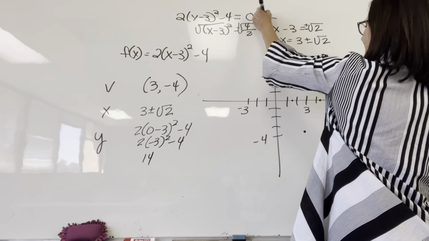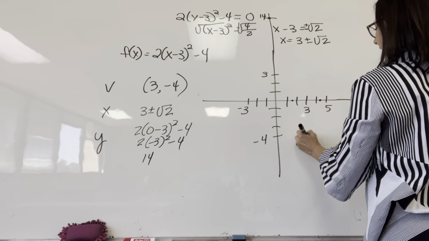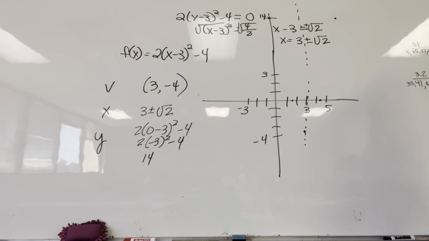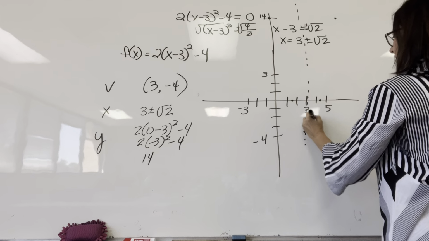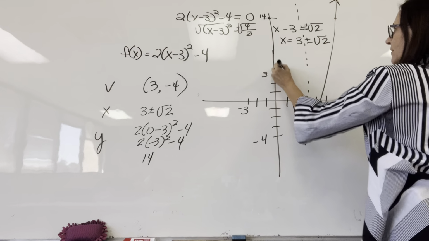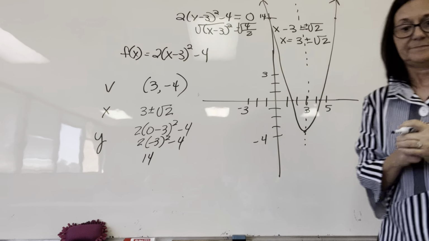We'll put 14 up here. All right, I have my axis of symmetry, right? And if that's 3 there, I can go 3 over here. Got it? We can graph it.